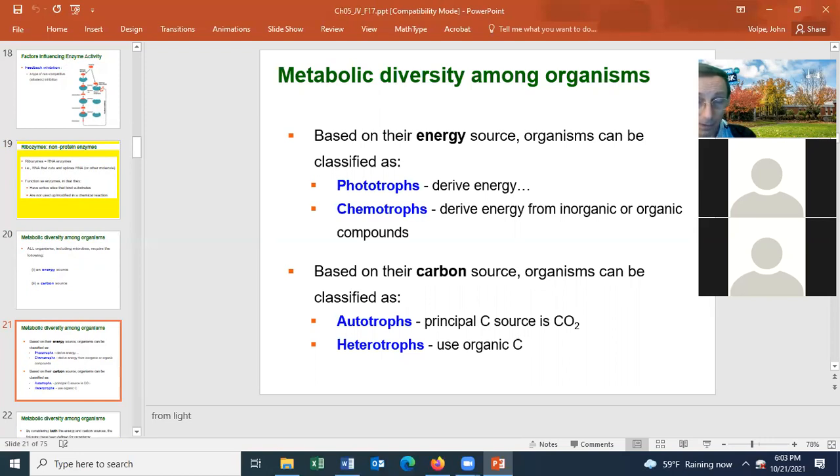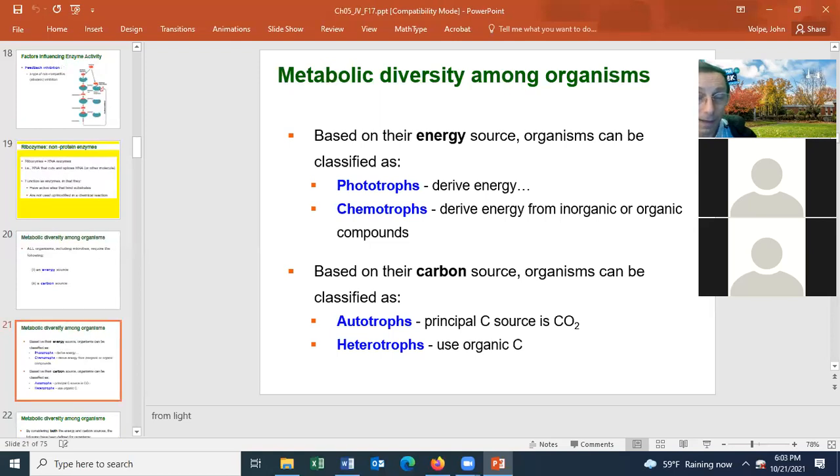And these bacteria or archaea are chemosynthetic organisms. And we'll talk a little bit more about them. I'm talking about a molecule like ammonia or iron or sulfate. They can get their energy needs from those molecules. Any question about that?